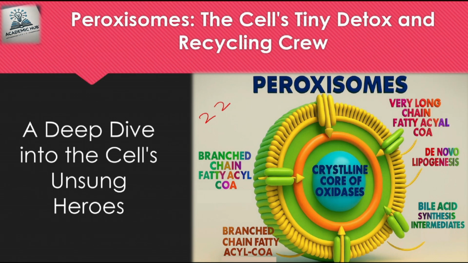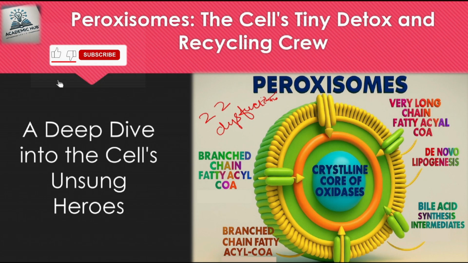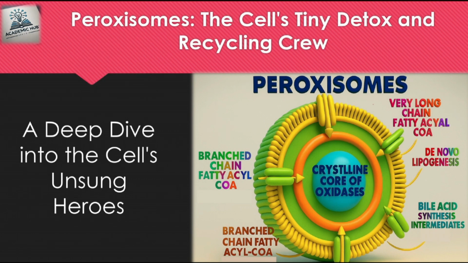Suppose peroxisomes are dysfunctional, then what will happen? Then certain types of genetic disorder will be induced in the form of X-linked adrenoleukodystrophy. In one line we can say that very long chain fatty acids are broken down by the peroxisomes.